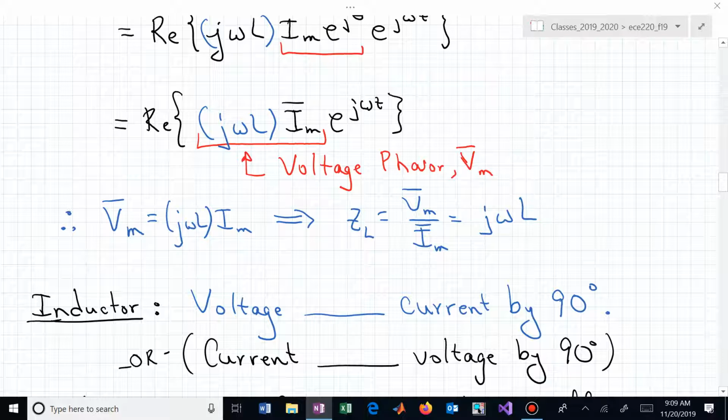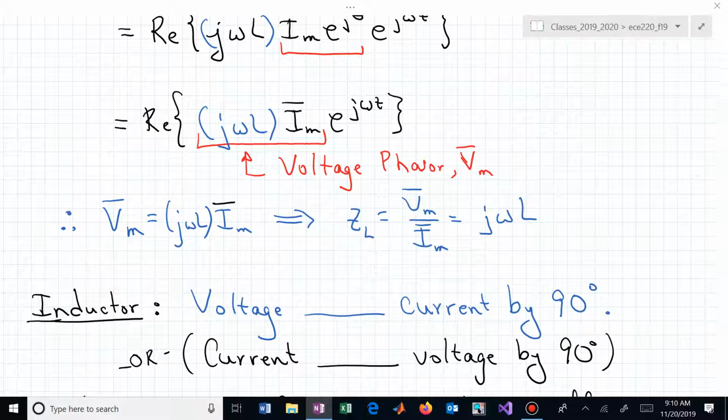Can you tell from V equal to j omega L times I sub m bar how to fill in these blanks? Voltage blank current by 90 degrees.